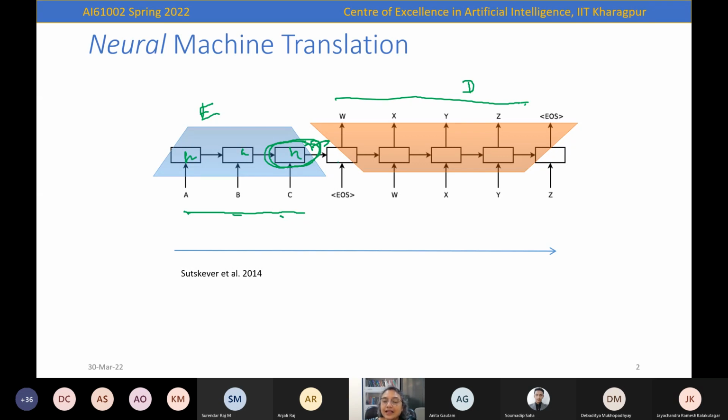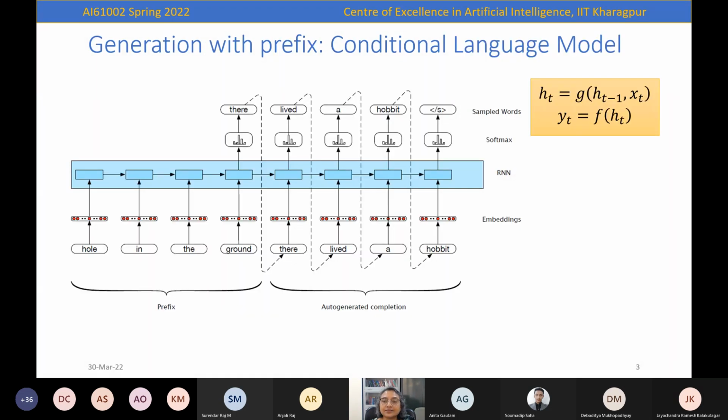This is taken as input to the decoder and the decoder starts generating the words in the target language. Suppose this is the first word which is generated. The next word will be generated based on this hidden state, and this previous word may also be given as the input. So this is the basic model of neural machine translation or encoder-decoder, which has various uses.